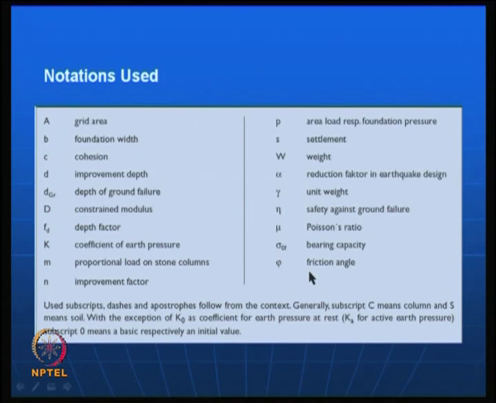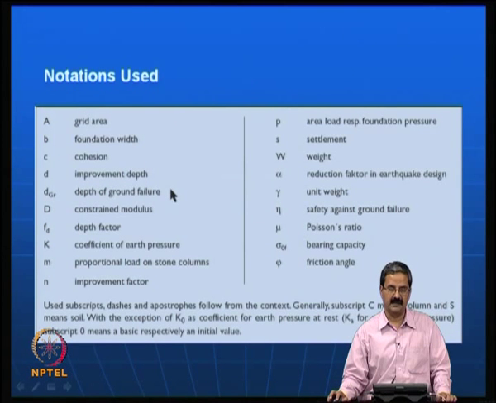Then of course it uses the strength of the column also. You will see that it has a number of parameters: grid area, foundation width, cohesion, improvement depth, depth of ground failure, constraint modulus, depth factor, coefficient of earth pressure, proportional load on the stone columns, improvement factors, settlements, all these factors are there.